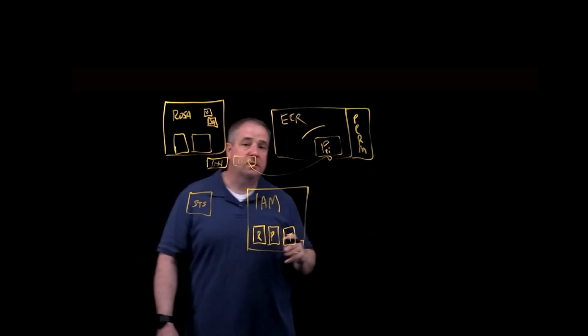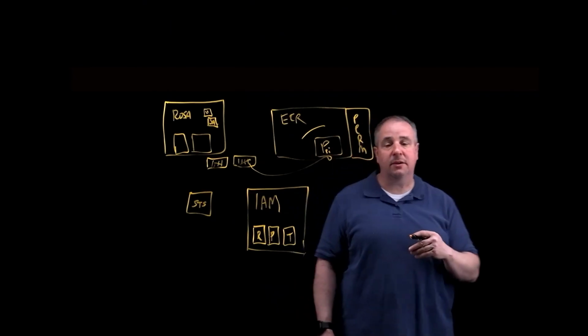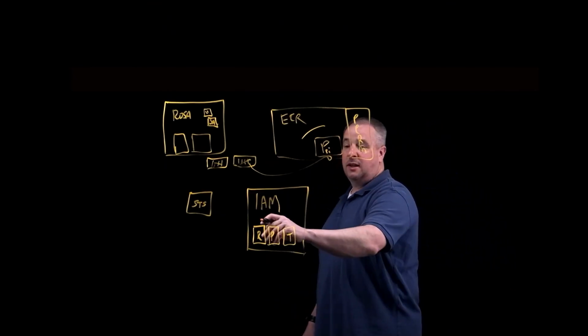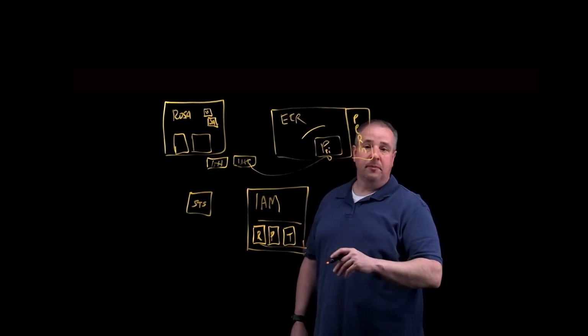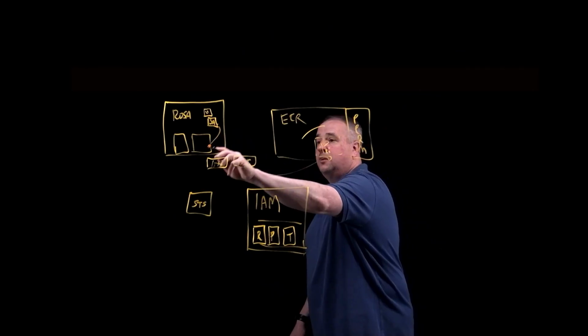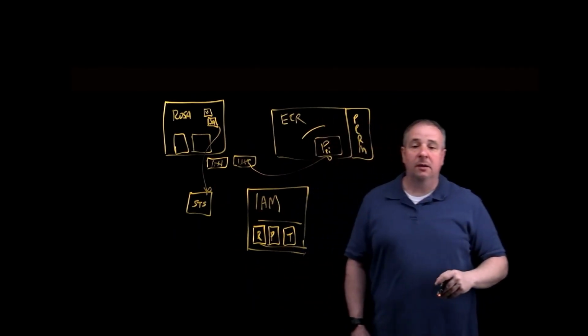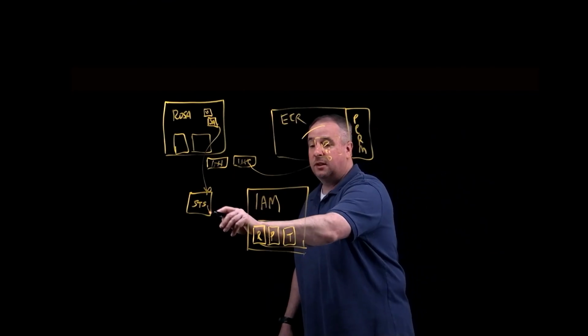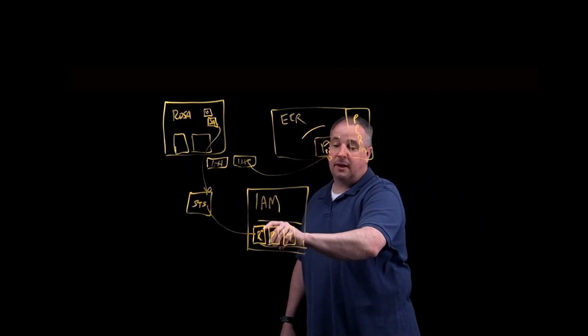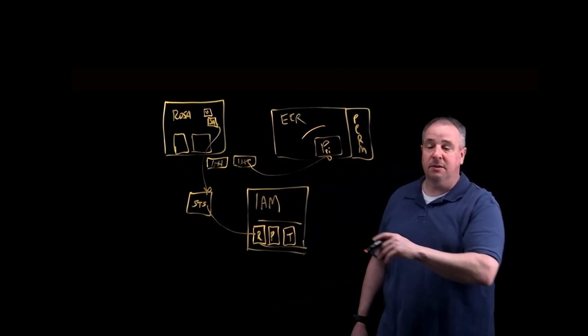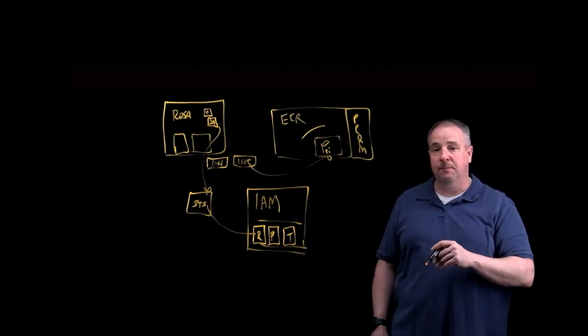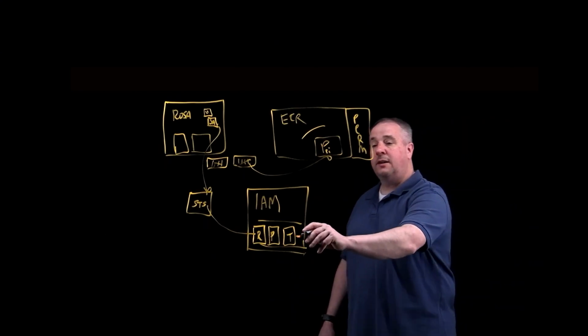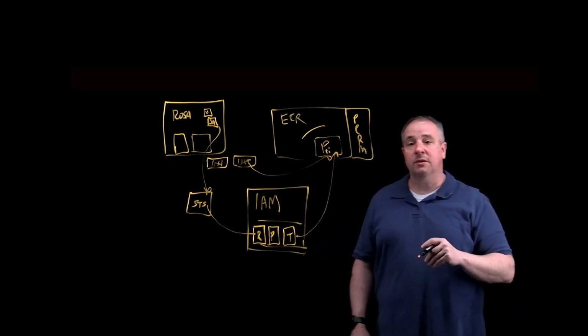The Secure Token Service is going to give you temporary credentials that have access as you've defined inside of IAM. So your service account would then make a call to STS. It would get those temporary credentials that can then run as this role that has these permissions and these trust policies. Now using that role, I can now access this private registry.